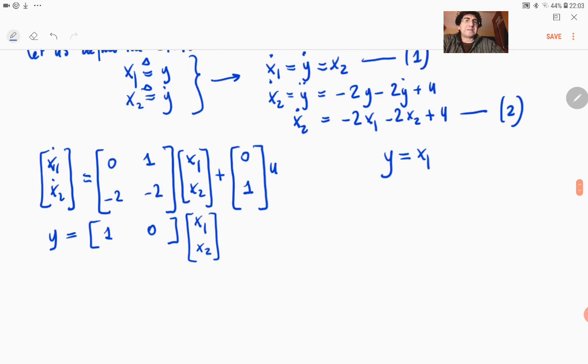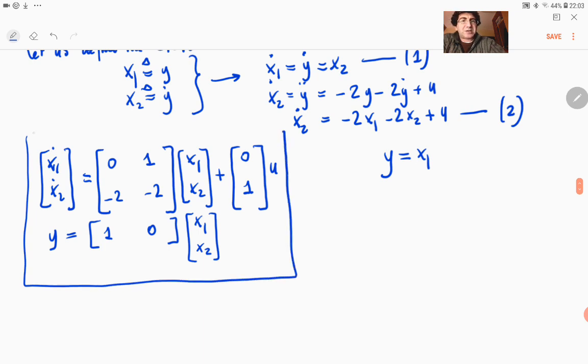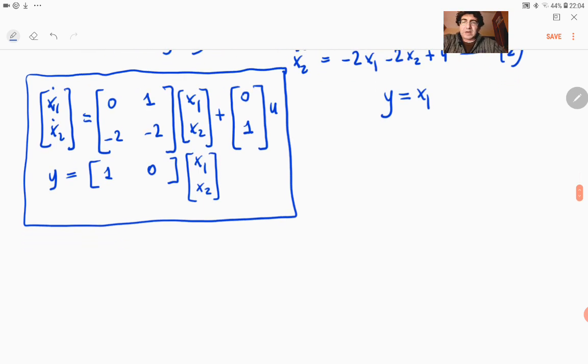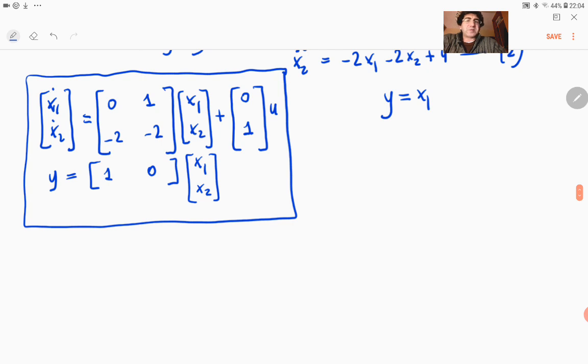So that becomes my state space representation. That looks really nice, and it doesn't need us to obtain the poles, and we don't care about whether we have complex conjugate poles or not. So where does the problem come from?